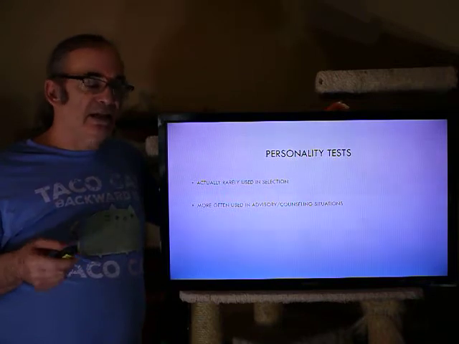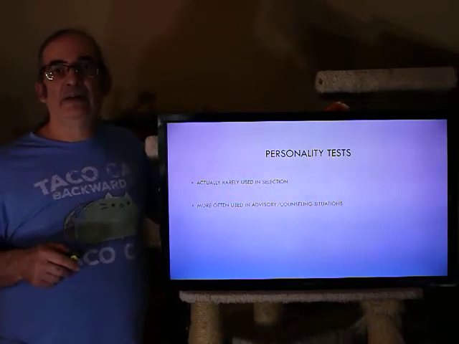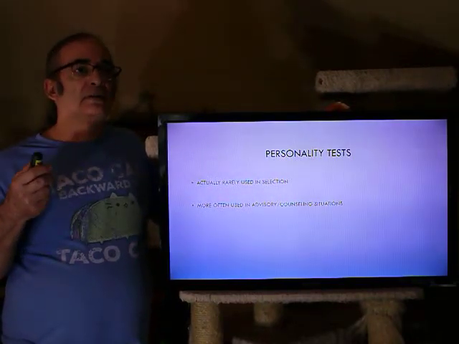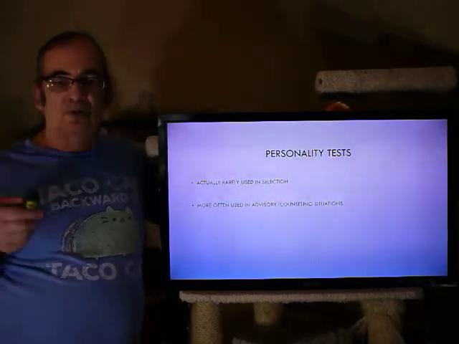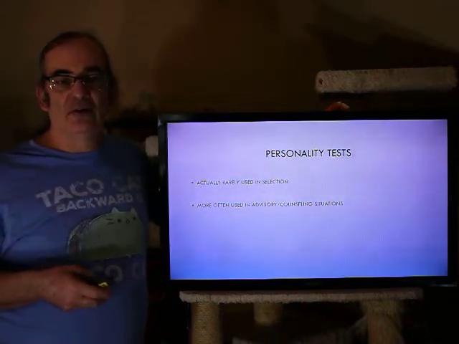So personality tests are rarely used in selection, and I think the less they're used, the better off we're going to be. Many of you have voiced the issue that you don't want people delving into your personality. I'm down with you. My wife is just going through this noxious Big 5 stuff that they're going to do at her work now.